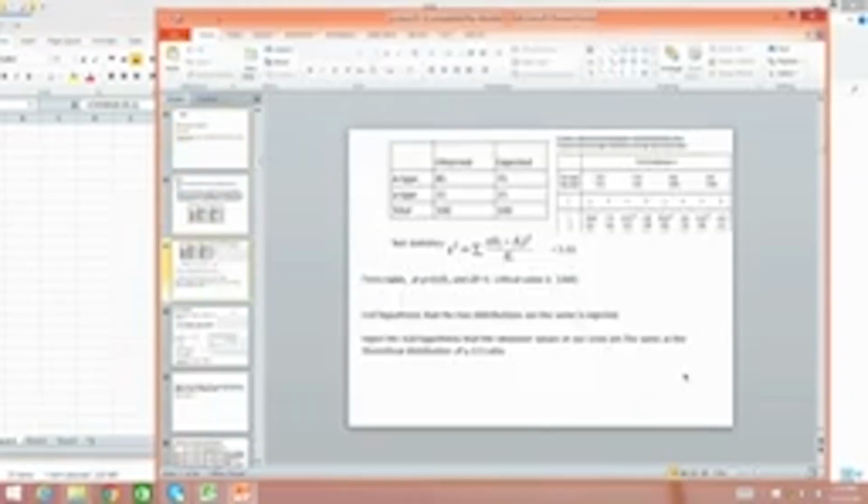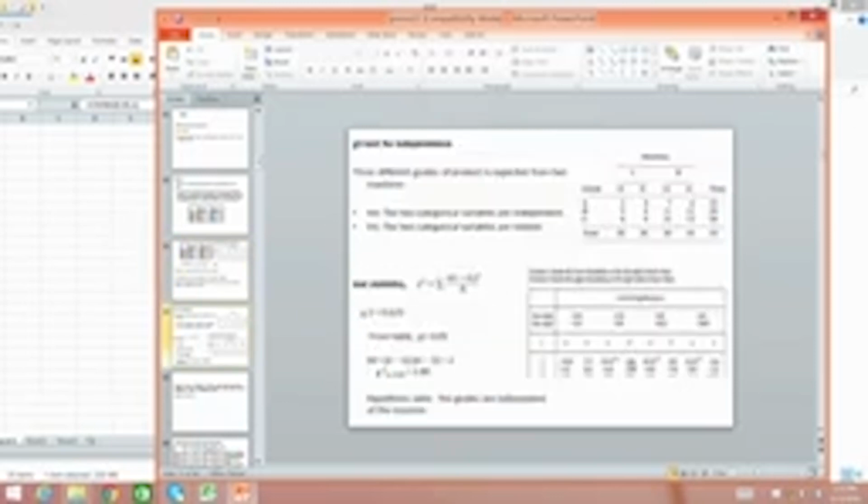Whereas in chi inverse, given the probability and the degrees of freedom, it gives you the chi square value as shown in the table, like 3.84 for example.